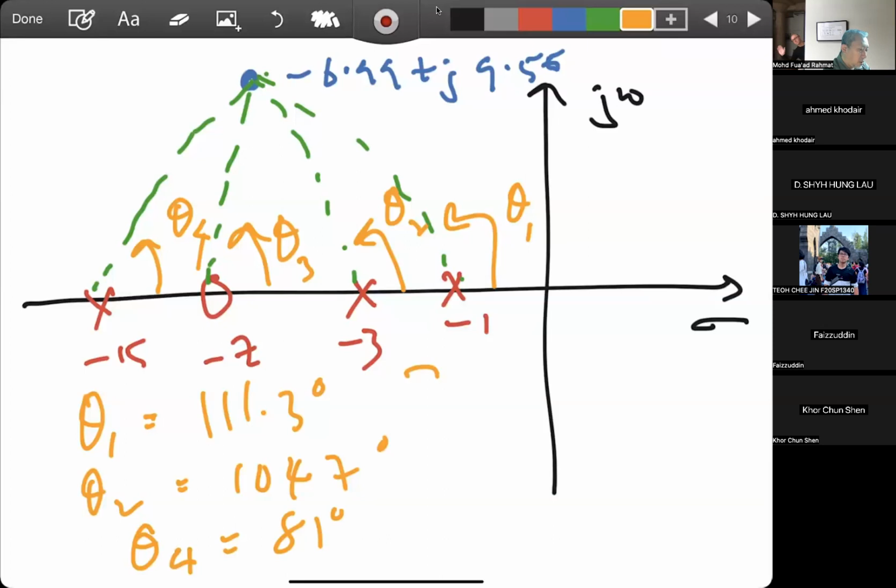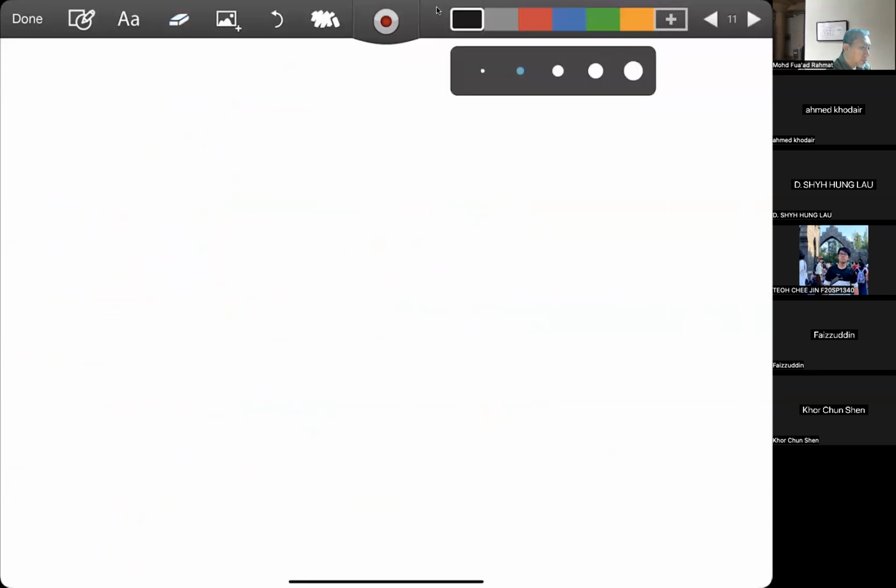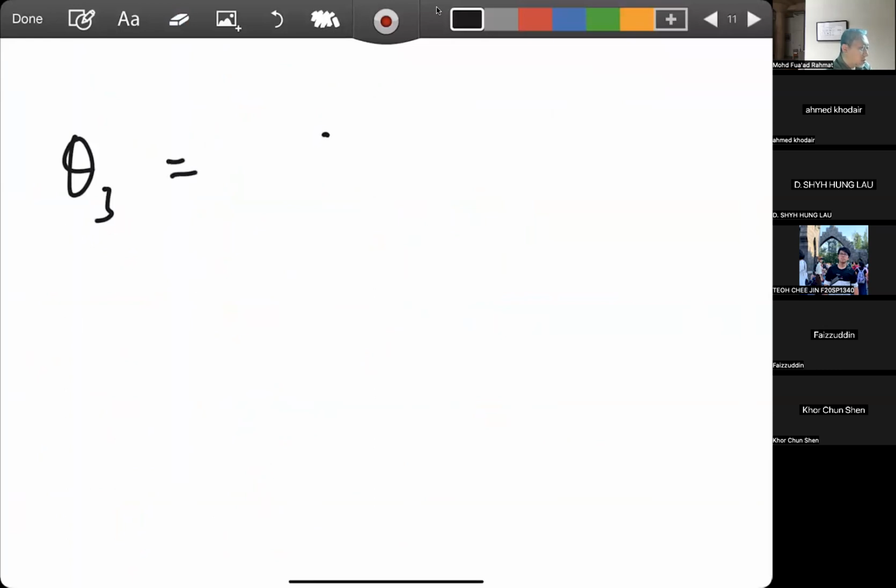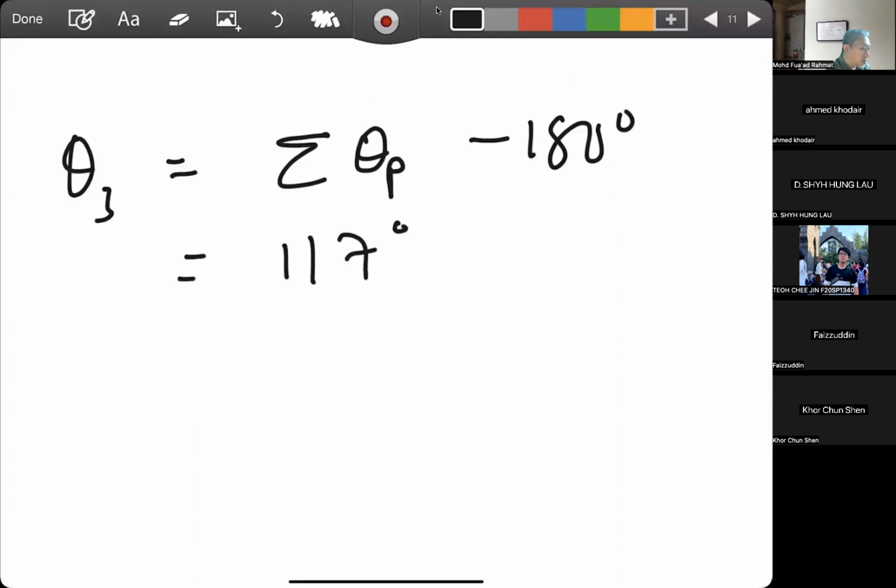So these are all due to the poles. Theta 3 is due to the zero. So therefore, theta 3, which is due to the zero, is the summation of the pole angles minus 180 degrees, which will give you 117. Okay.